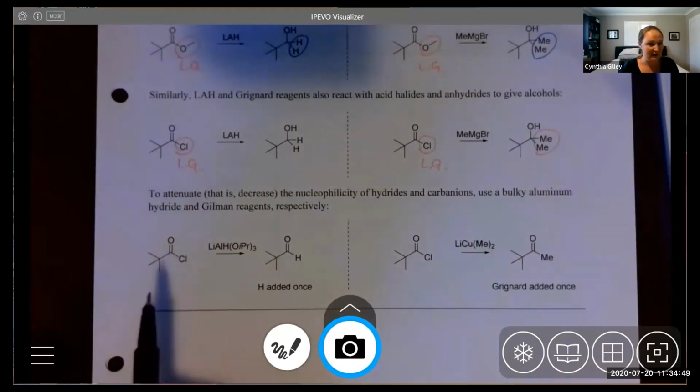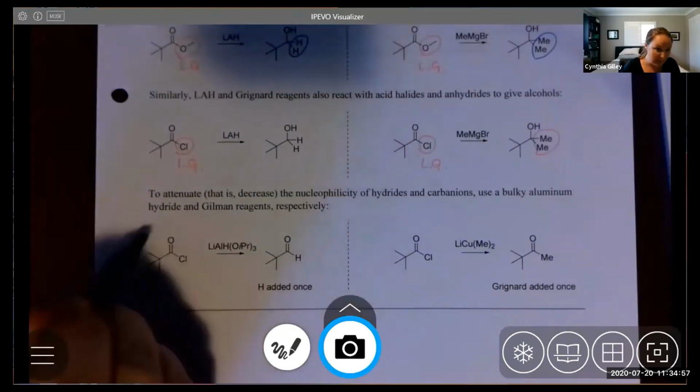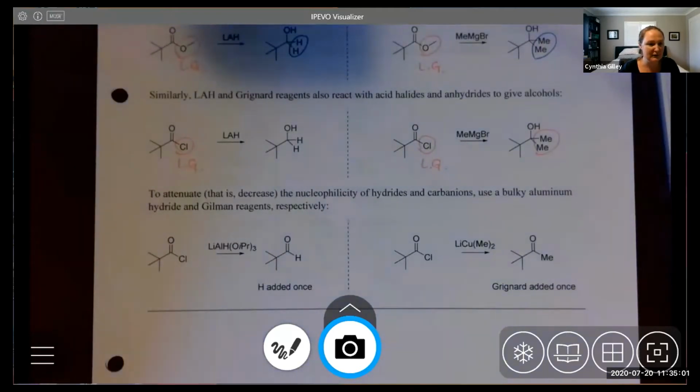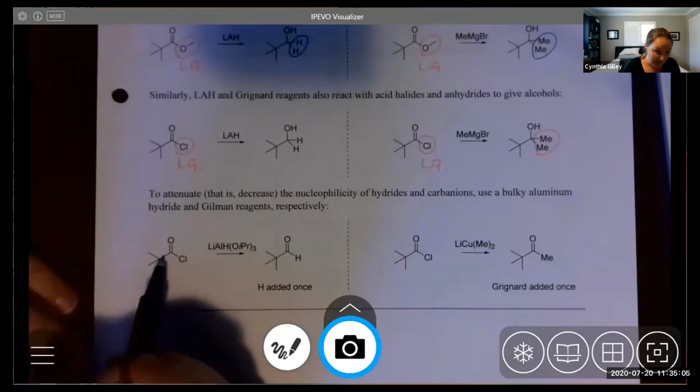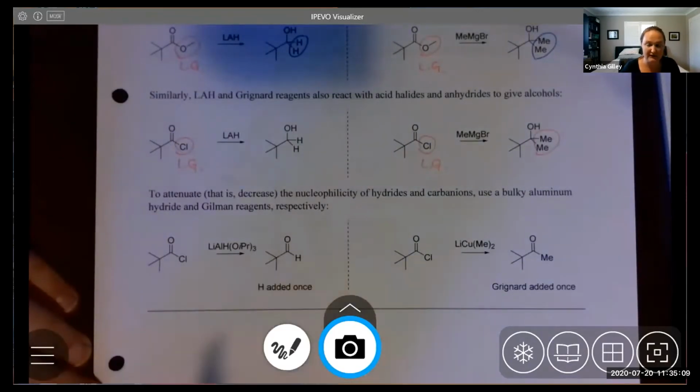We said aldehydes are more electrophilic than ketones because there's a smaller hydrogen group here. But the acid halide is even more electrophilic than an aldehyde or ketone. That's actually really useful, because this is more reactive, more electrophilic than the aldehyde product.